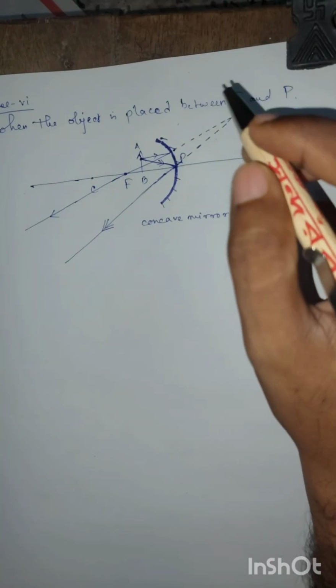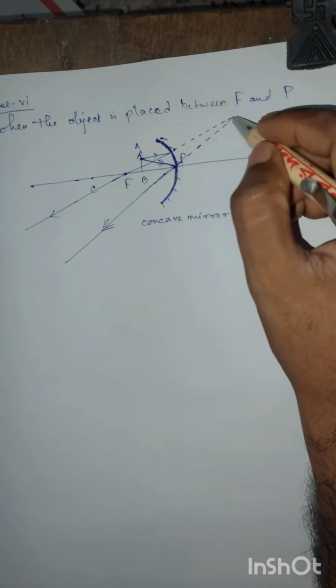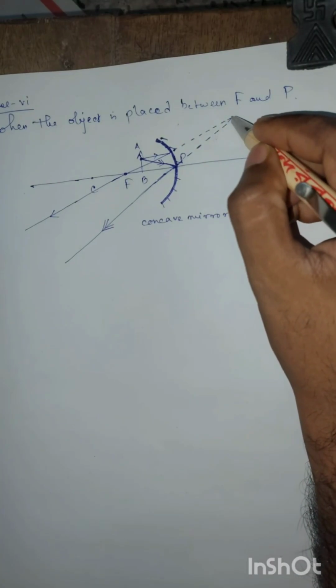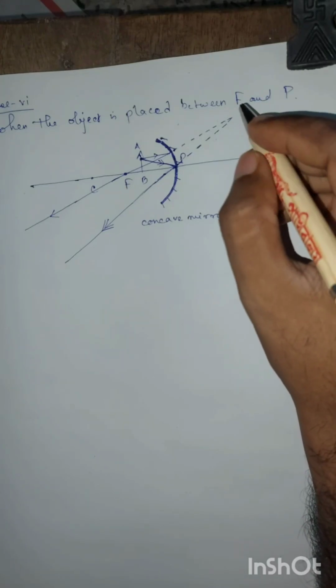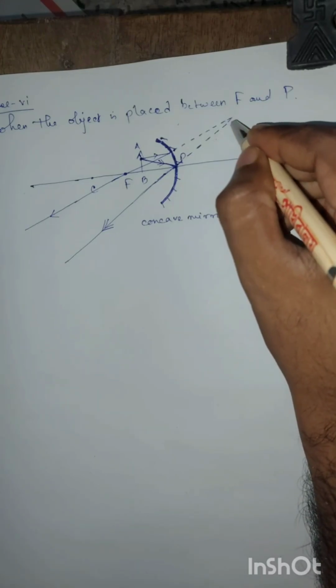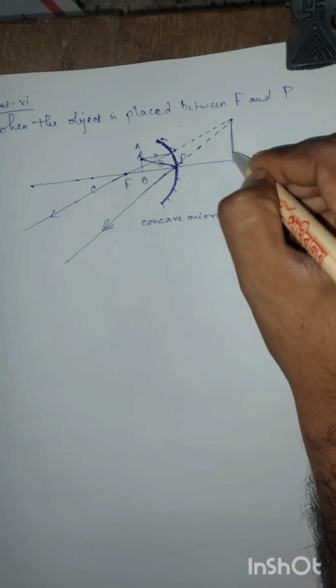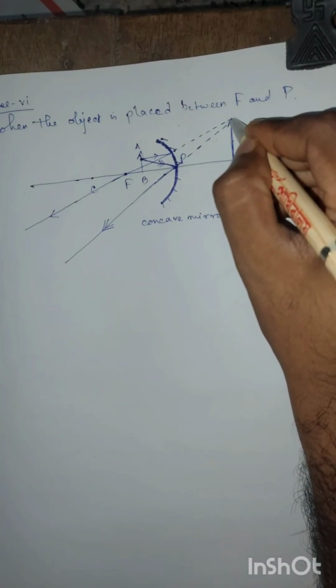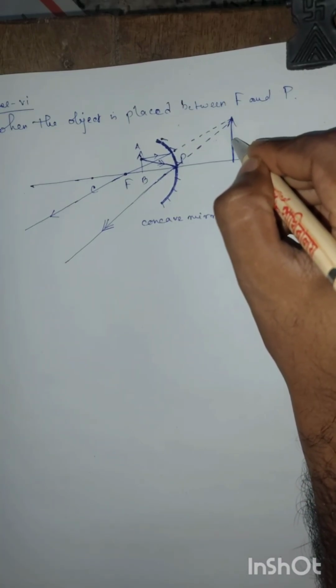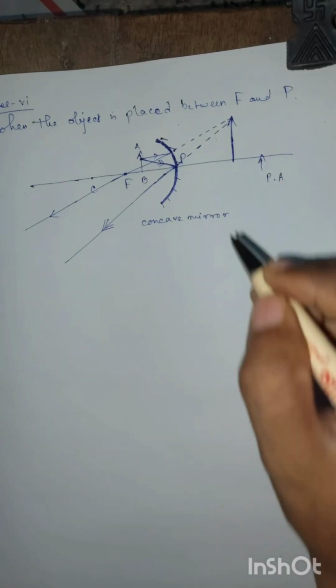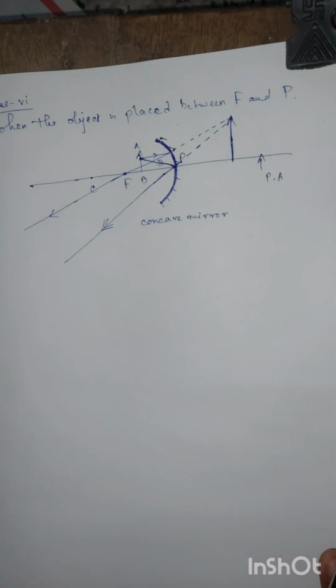So at this position, we are going to get an image of the object.